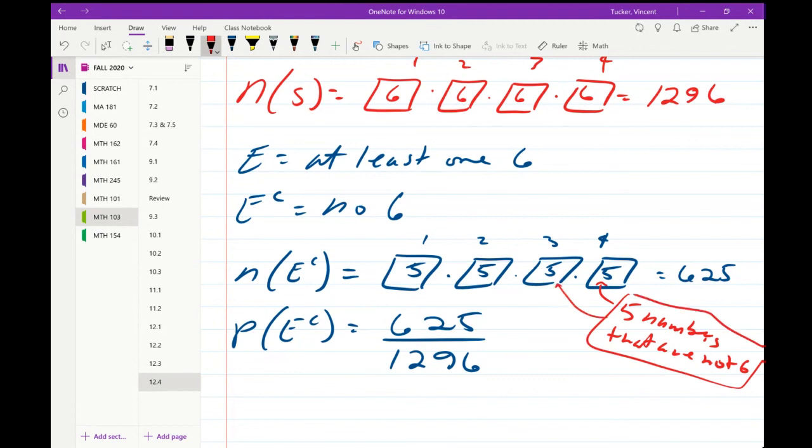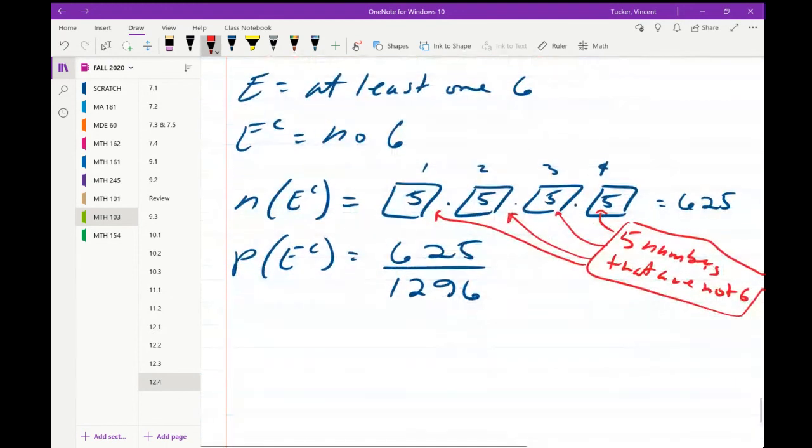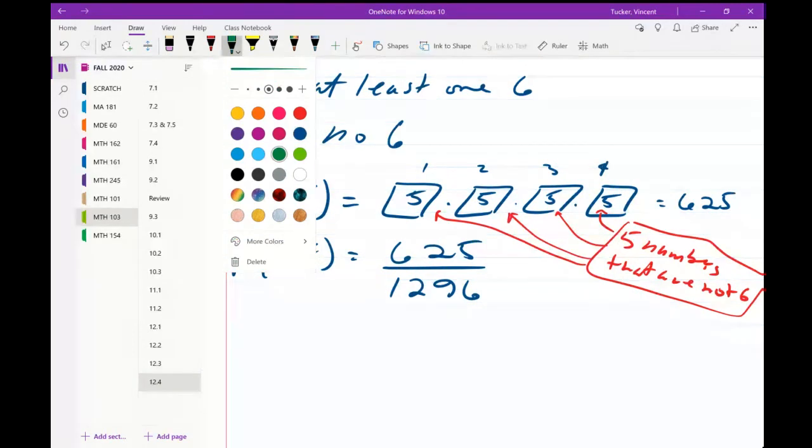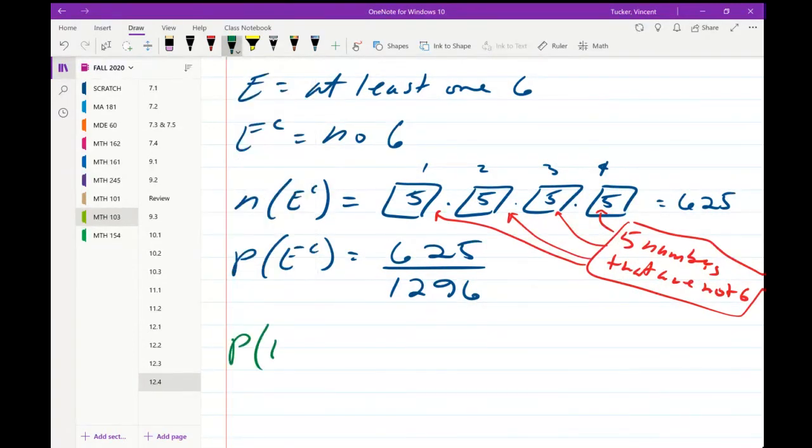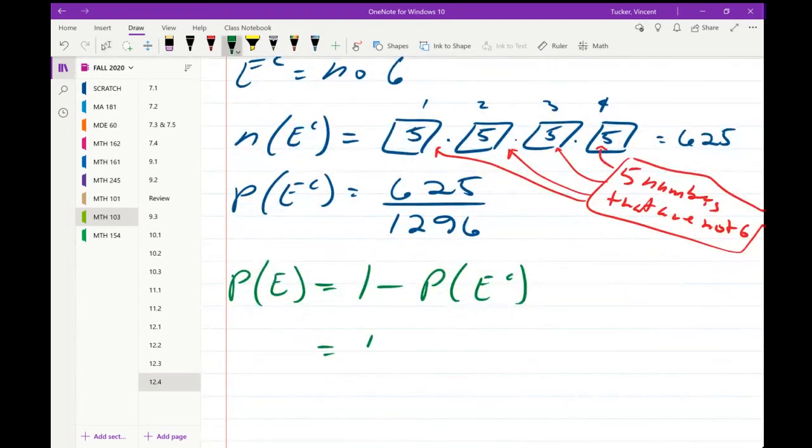So in each case, there are 5 numbers that are not 6, so that's where we got that from. So now to calculate the probability of at least one 6, I can do 1 minus the probability of no 6. 1 minus 625 over the 1296.